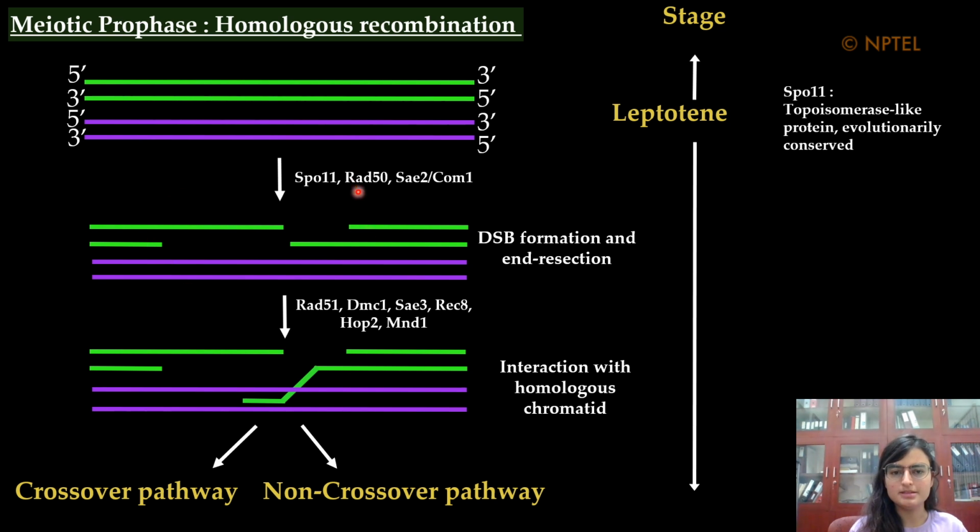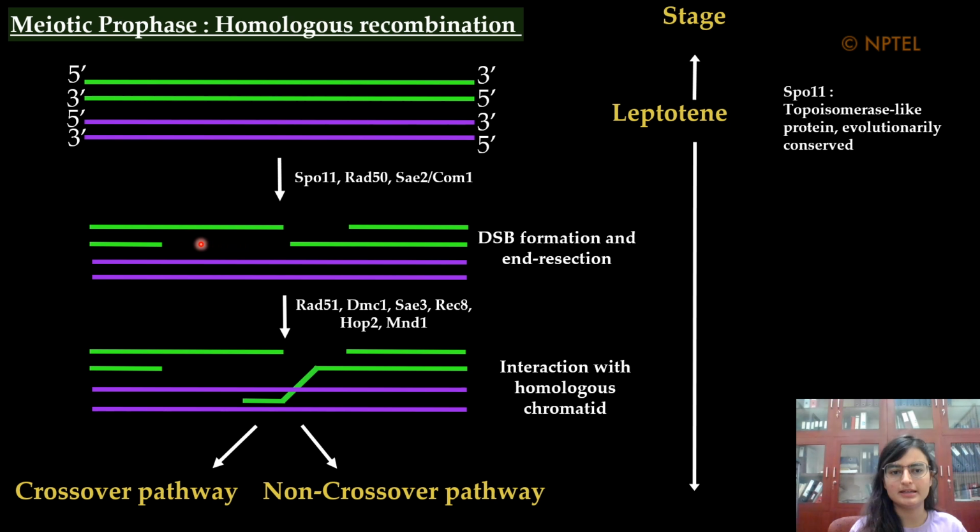After the DSBs, that is the DNA double-strand breaks, are induced, another protein called MRE11, which has a 5' to 3' endonuclease activity, cleaves the DNA from the 5' end, and this is called resection.